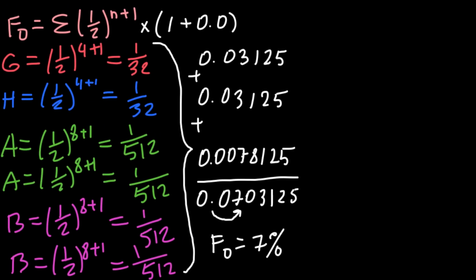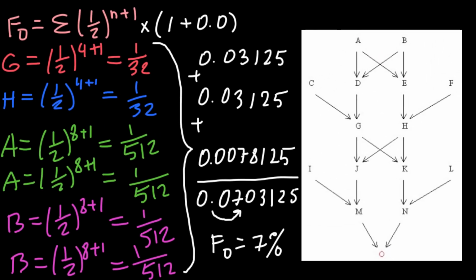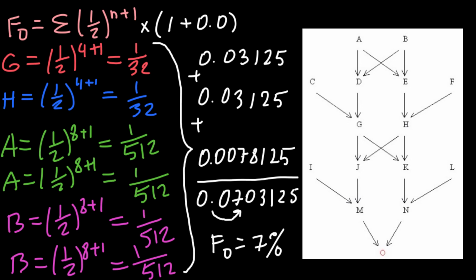So once again, here is our picture that we started with, and the parents of individual O. Once again, who are going to be the common ancestors? Common ancestors would be individuals G and H.